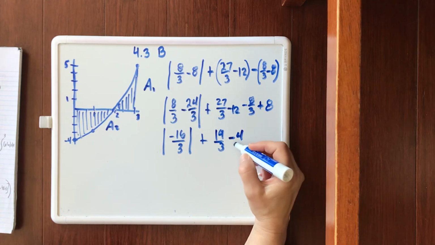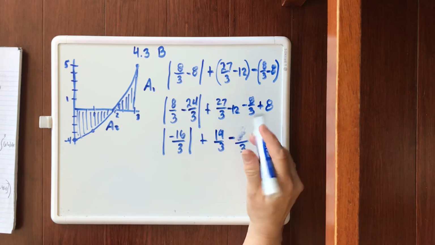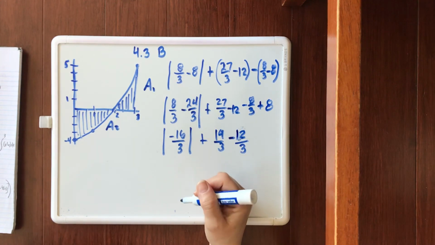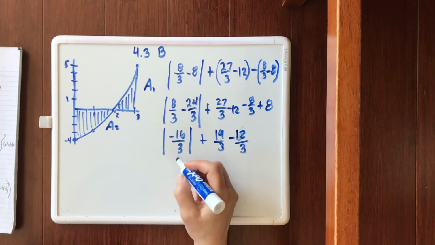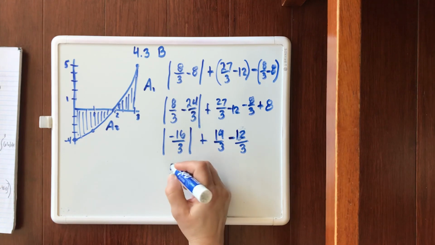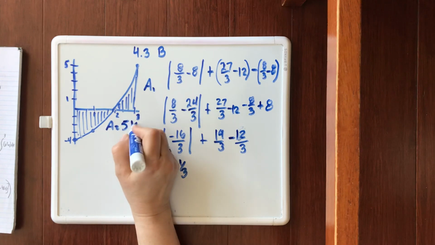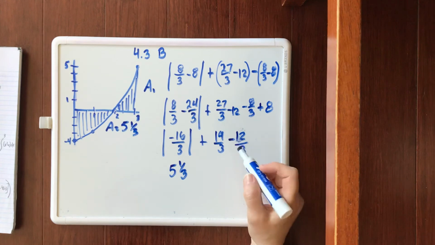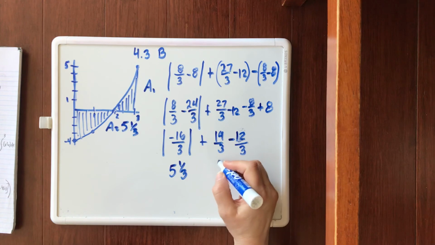This -4, if we put a 3 in here, we multiply 3 times 4, we get 12. All right, so here, this becomes a positive 16/3, and 16/3 is 5 1/3. So that's this area right here, 5 1/3 units squared. Okay. This one is 19 minus 12, which is 7/3.